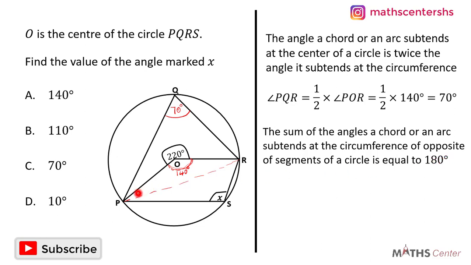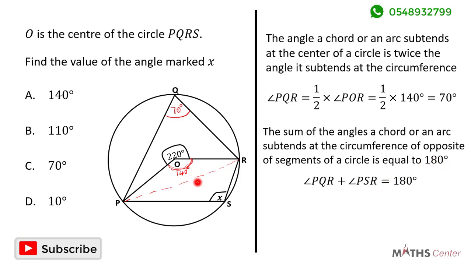When you look on our diagram, the chord PR subtends the angle PSR in this segment, and that angle is X. And the same chord PR subtends this angle PQR in this segment, and that value there is 70 degrees. The theorem says that the angles that this chord subtends at the circumference in opposite segments, when you add them, you should get 180 degrees.